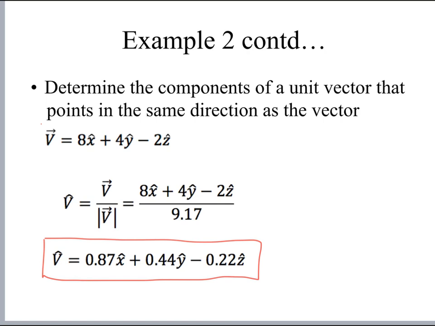Now, let me ask a question here for you guys. What would be a way to test to make sure that this really is a unit vector? If I screwed up some algebra, or plugged a number into my calculator wrong, is there a way I could check that other than just redoing it? Well, we can actually. What would be the magnitude of v hat? It would be equal to 1.